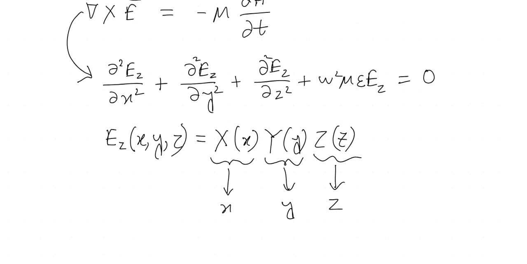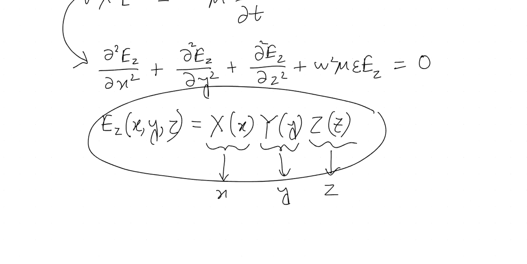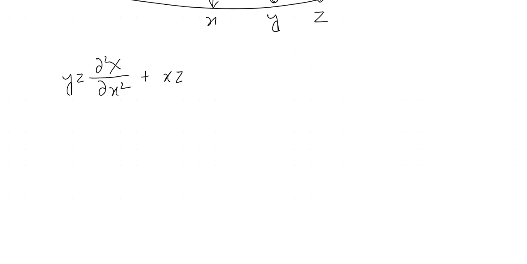So let's put this solution in this equation. So if we do that, we'll end up with something like this. Since capital X is only dependent on x coordinate, we are taking y and z in front of the derivative.